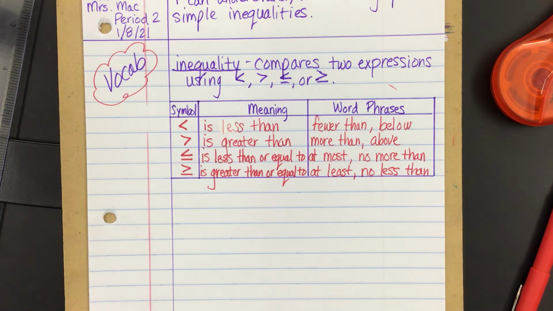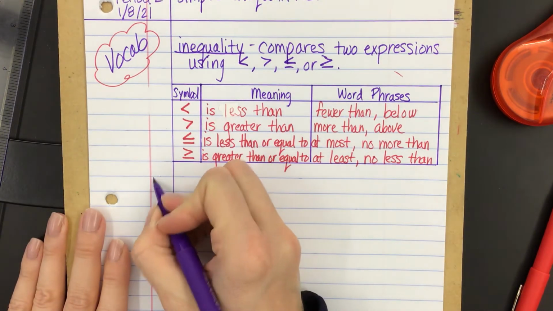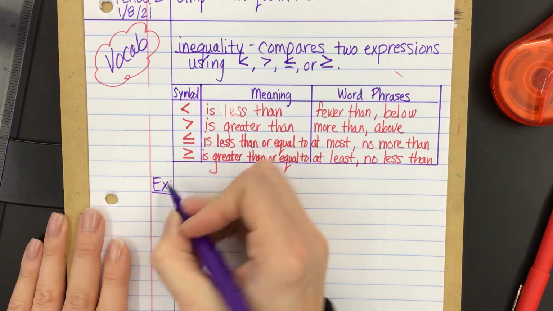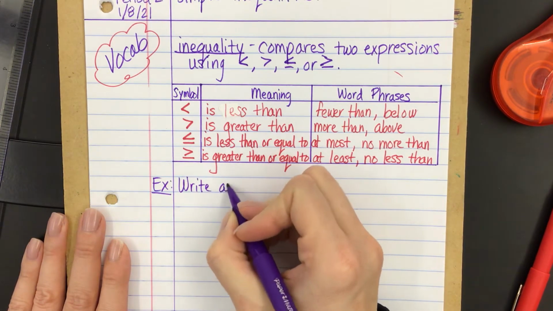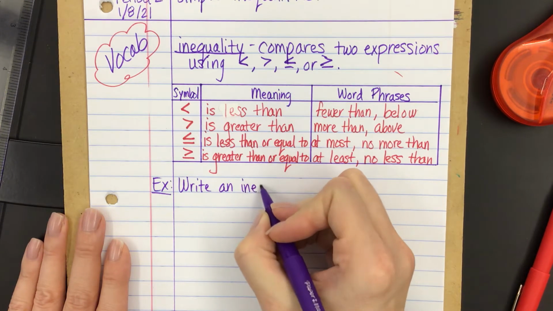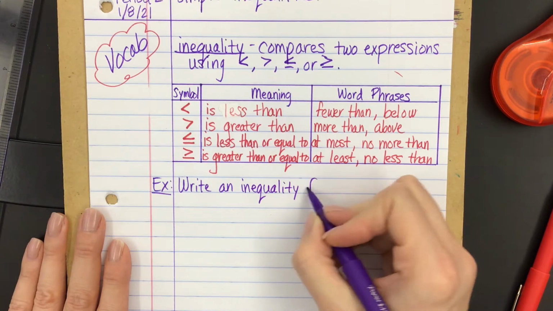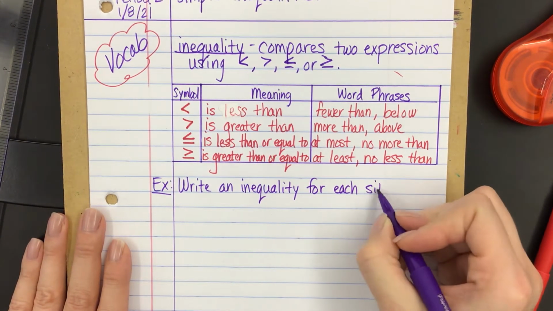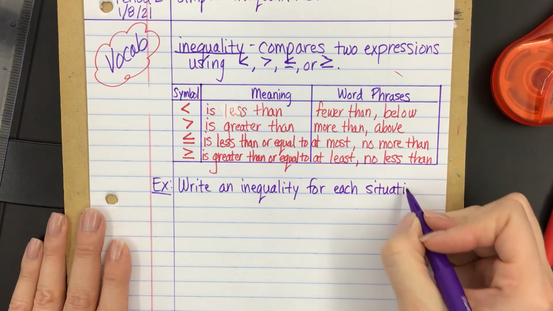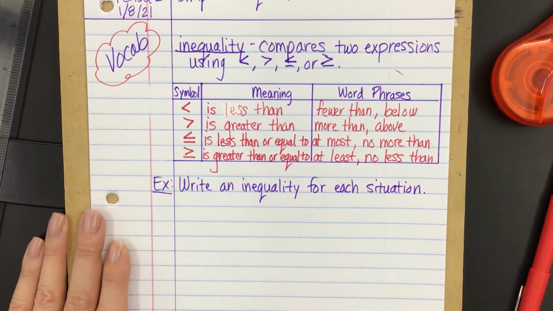Okay, so what we're going to do now is write inequalities based on some situations. For this one, we're going to write an inequality for each situation. Okay.